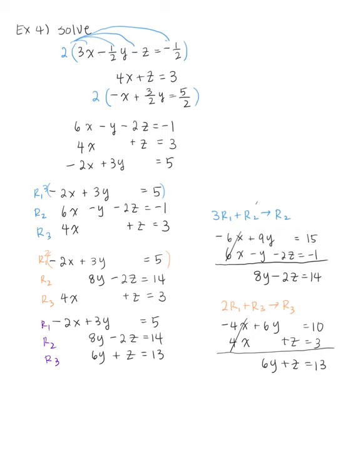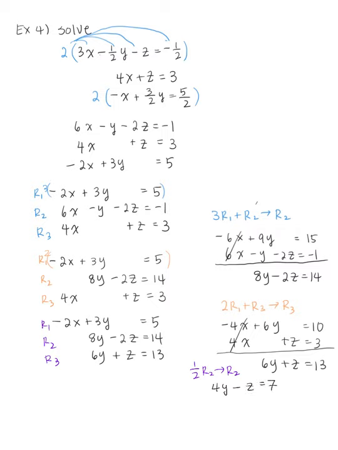Okay, so you see what's going to happen in a minute. So the next step, I'm going to go 1/2 row 2 and then write the result in row 2. Then if I do that, it's the same thing as dividing by 2. Then you're going to have 4y minus z equals 7.